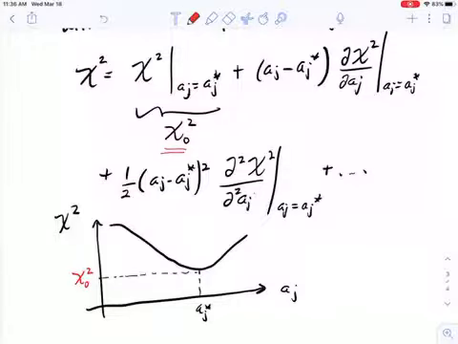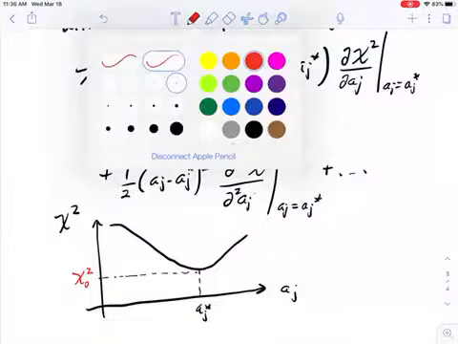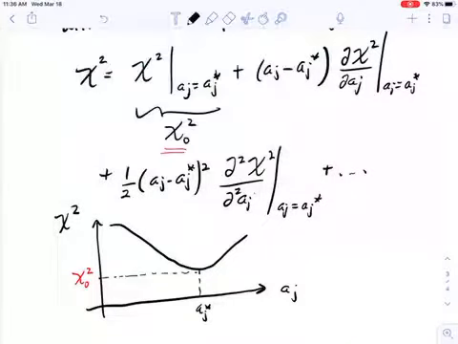Okay, and then what we do is we say, well, let's think about the second term, this first derivative of chi-squared with respect to aj, evaluated at aj star. Obviously the first derivative is just finding the slope of a tangent line, but a tangent line at aj star is horizontal. It has a slope of 0.